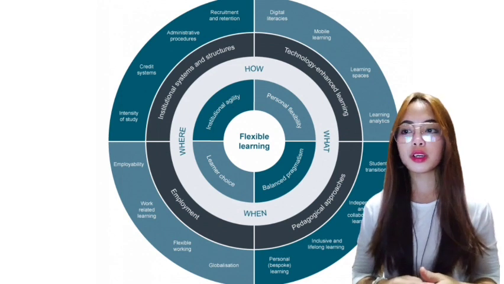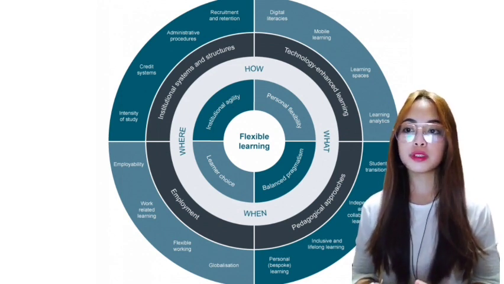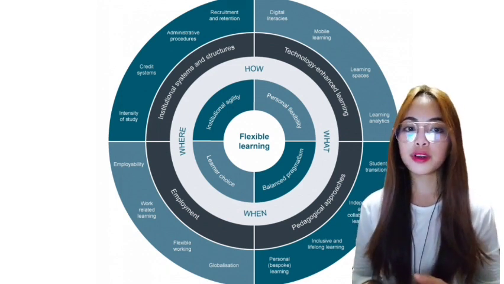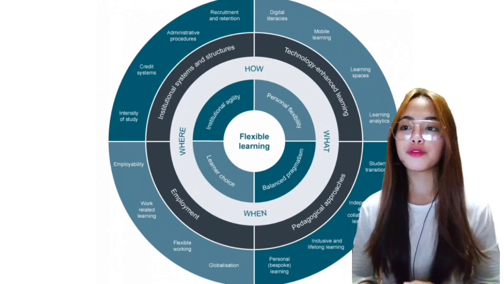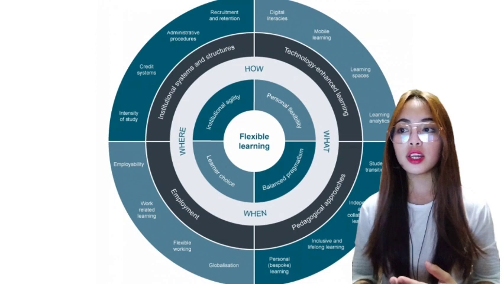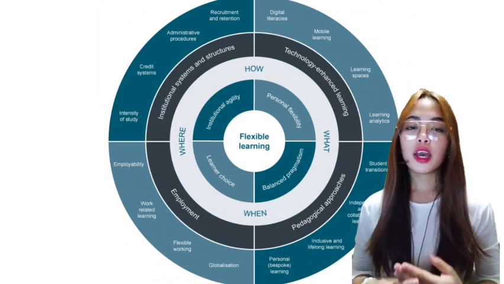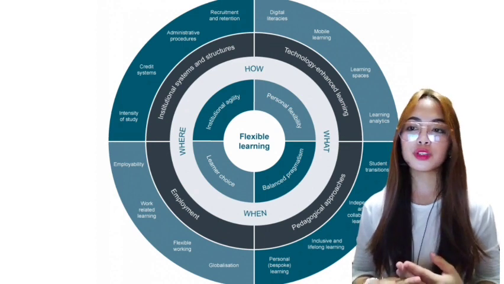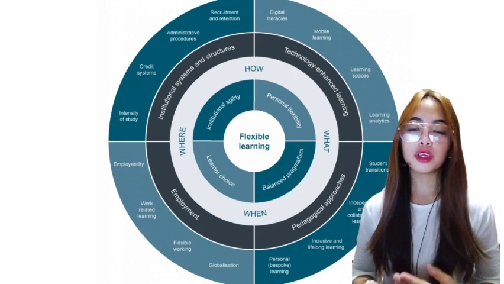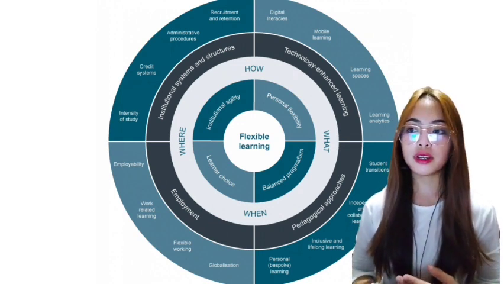So the framework, as you can see, is represented in the diagram, which maps the significant elements of the flexible learning terrain. It provides a way of reviewing your institution's flexible learning provision by providing an overview of flexible learning, and the framework offers a structure within which creative thinking and innovative approaches to learning and teaching can be considered.